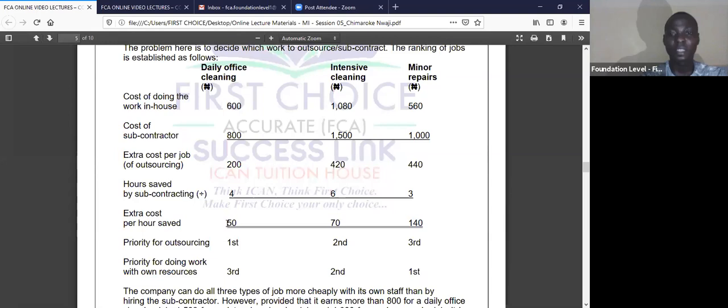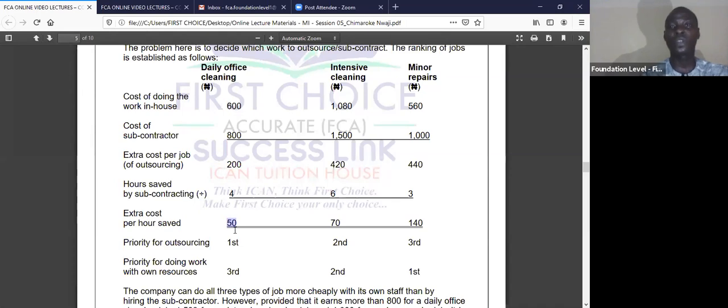We are saving 50 by doing it in-house. So which one will I want to do? I will do the one that will give me the highest savings. That's why I'm doing this first. I will give out the one that will give me the least savings. That is why I'm giving this one out as number one.